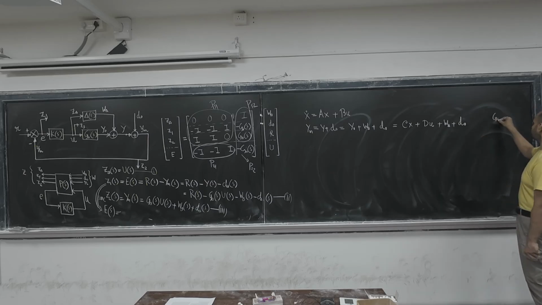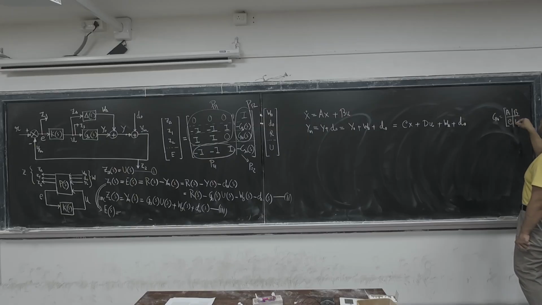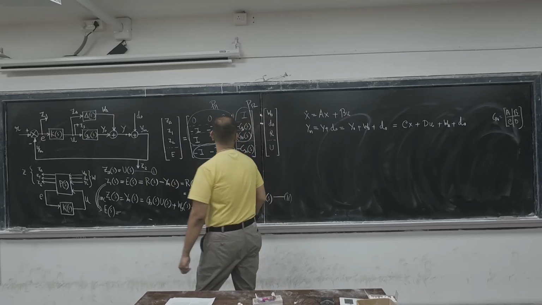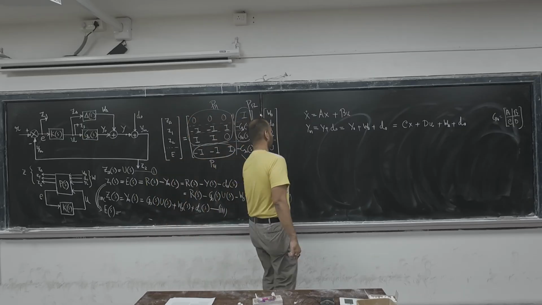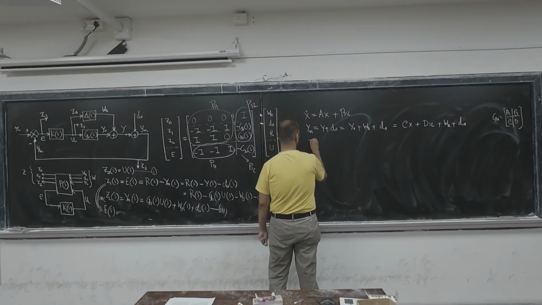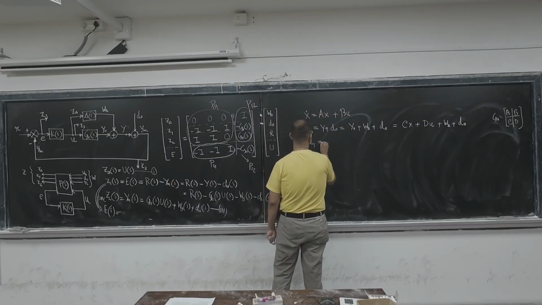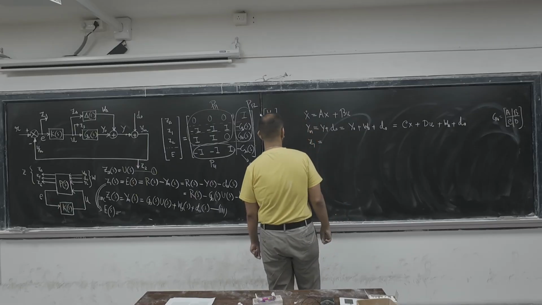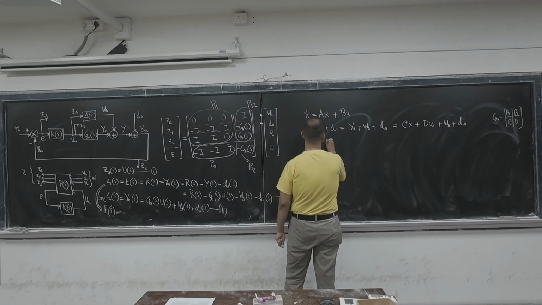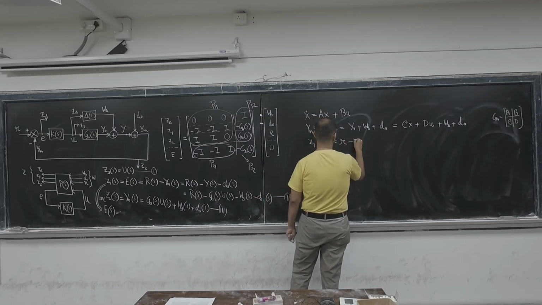Here I am assuming that this ABCD is a minimal state-space realization of the nominal plant G0. Okay, ABCD is a minimal realization of the nominal plant G0. Accordingly, I am writing. Now, if you are happy with ym, then fine. Let us move to Z1, Z2, and Z delta. So now your Z1 means your error variable, R minus ym.